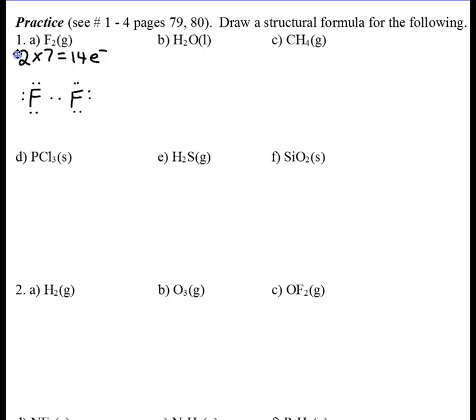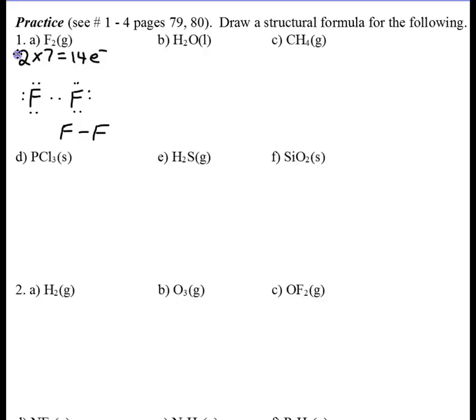And in that case, that would give us 6 and 6 is 12, and 2 shared is 14, so that would give us a predicted single bond, which would have a structural formula as shown, where we are omitting non-bonded electrons.